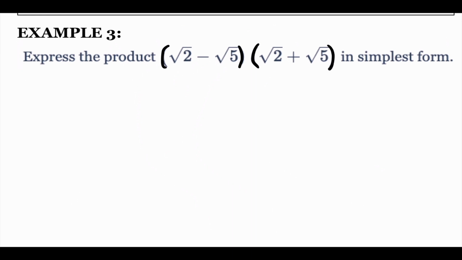We've done this before. We use a 2x2 box. We did it last semester. So first thing I'm going to do is set up. This guy has two terms. This guy has two terms. So we need a 2x2 box.